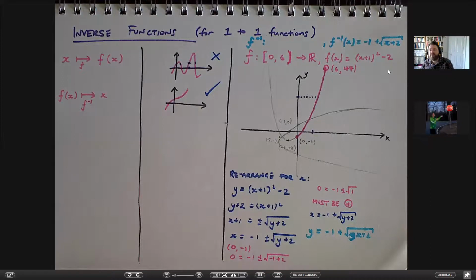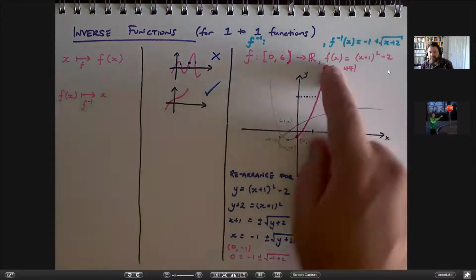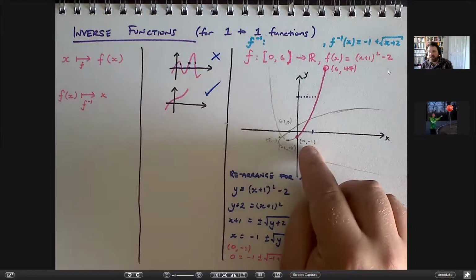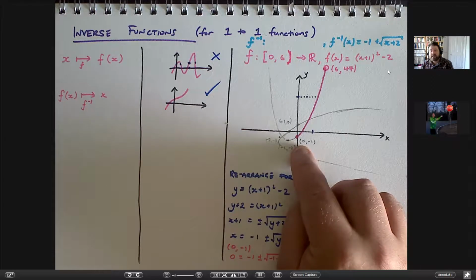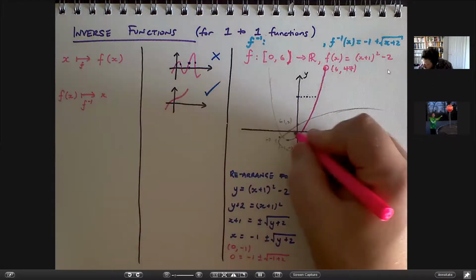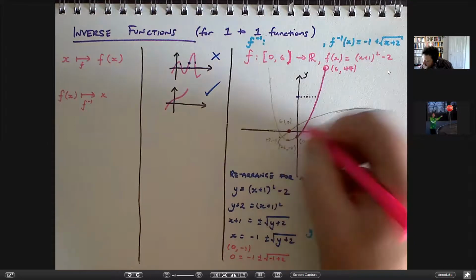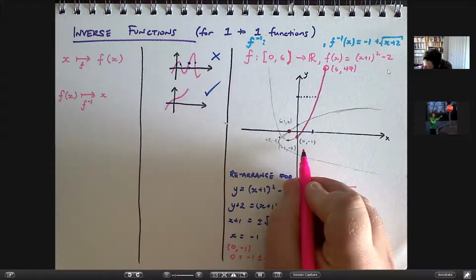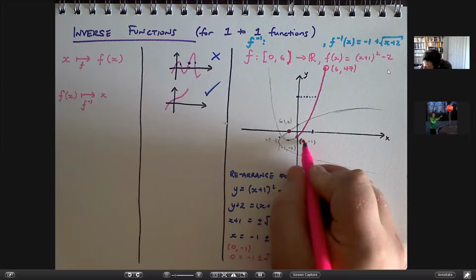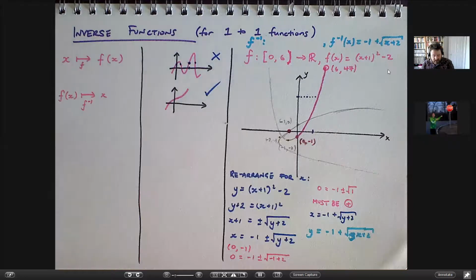Okay, but then we're going to think about what the actual purpose of this function is. If you think about the original function, the idea is if you plug in an x value, you get a y value out. So what is the function that does the reverse? Well, it's one that reverses all these decisions. You put 0 into the original function and get -1.